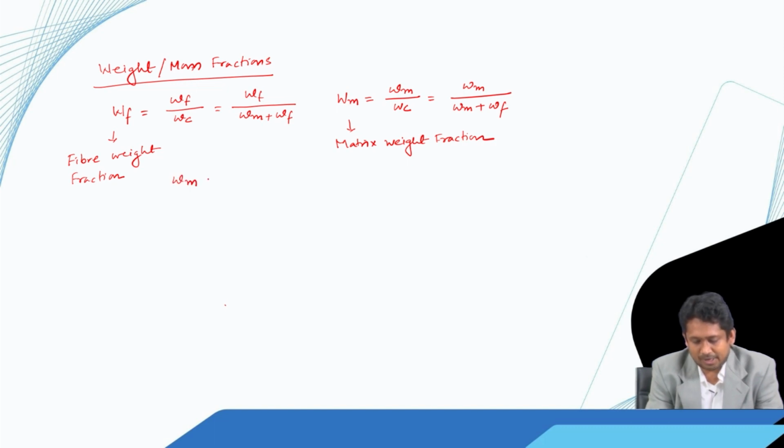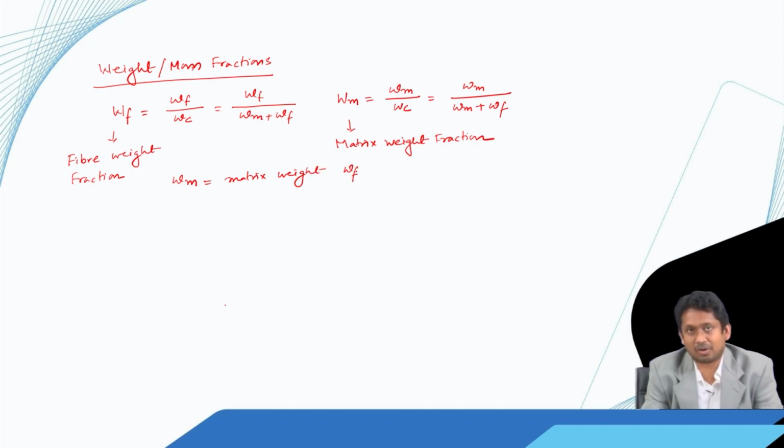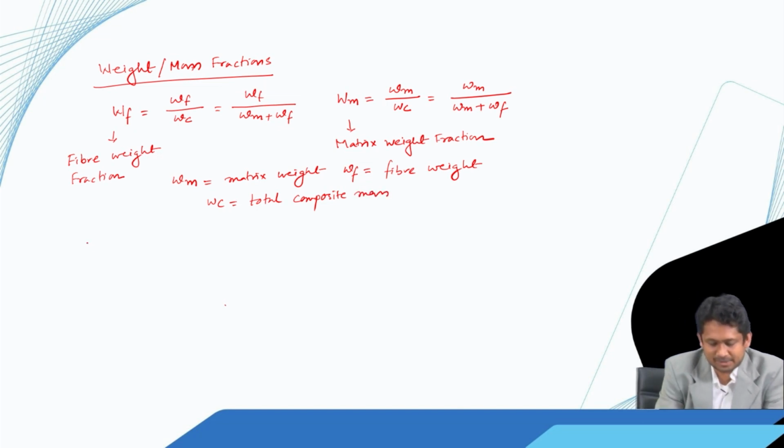Now, we can write small wm is the matrix weight or matrix mass, wf is the fiber mass, and Wc is equal to the total mass or total composite mass. Again, needless to say, if we just add these two fractions, they have to be 1.